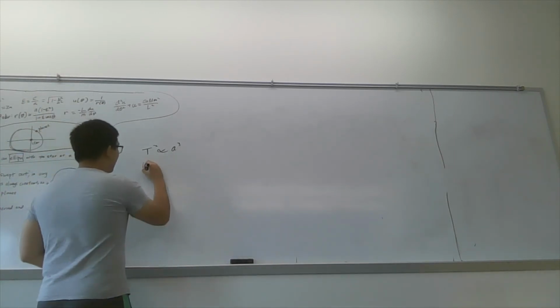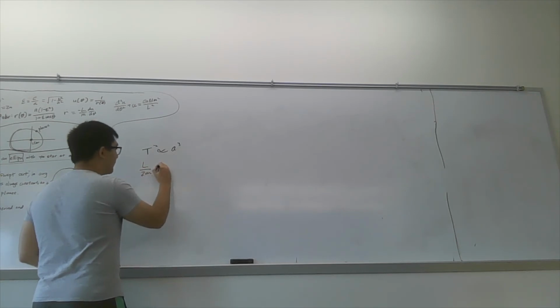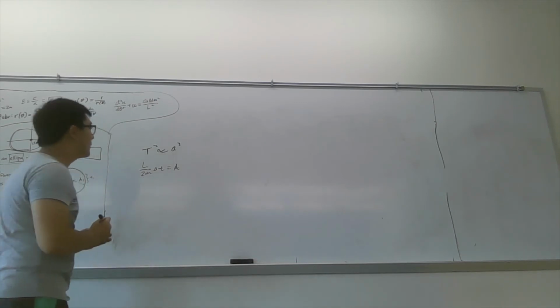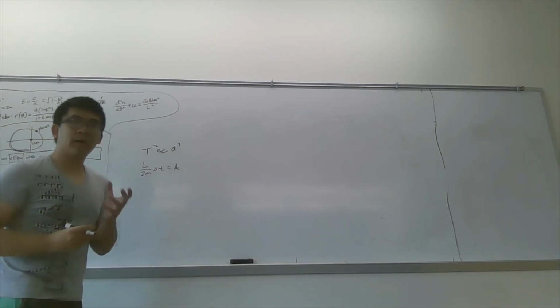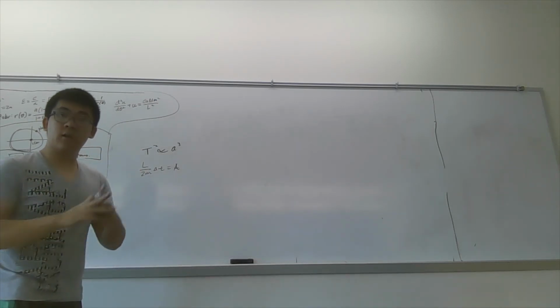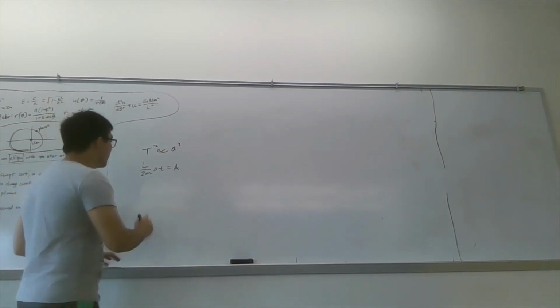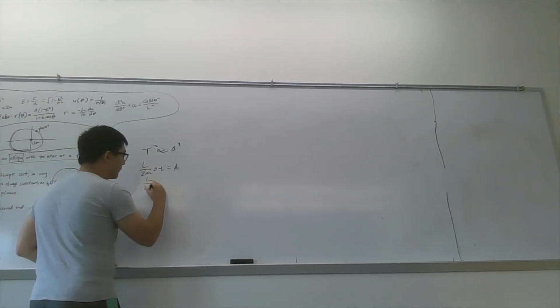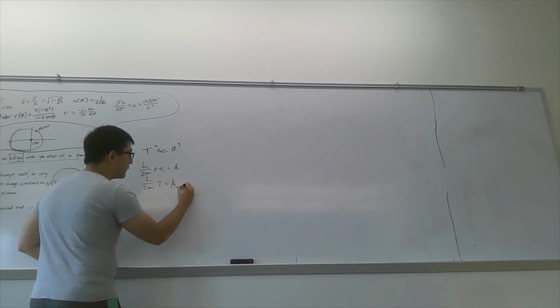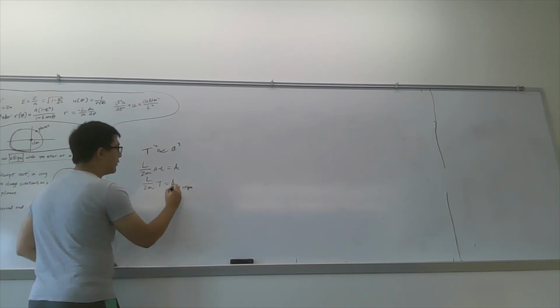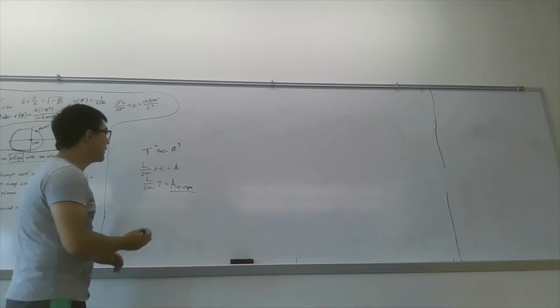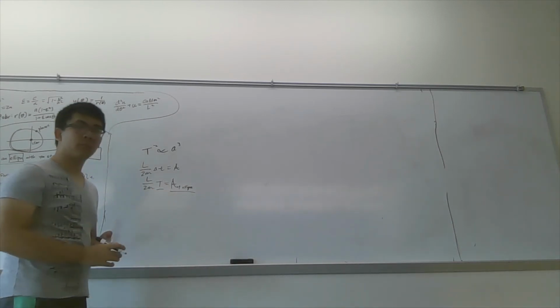Because, as I said before, this is true. So if we let the time interval equal the period of the orbit, we then get this, where this is just the area of the ellipse, and we have the period in here.